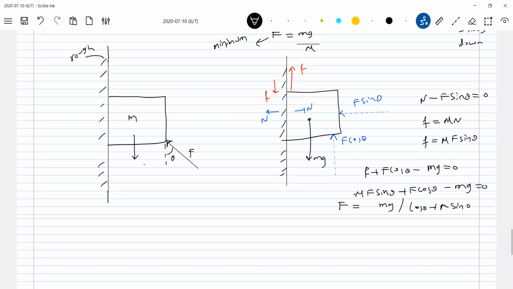If I apply force, there are definitely two situations, no? If F is greater than or less than this, I think the direction of friction can change here. Its possibility is there, no? What we assumed is that there's a minimum force, so I'll start with the minimum.